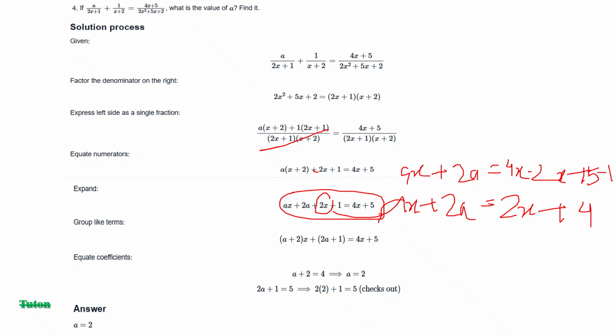Now taking a common on this term, we have a in bracket x plus 2. We will take 2 common in this term, x plus 2. We can cancel x plus 2 and x plus 2. There we have it. Our answer is a is equal to 2.